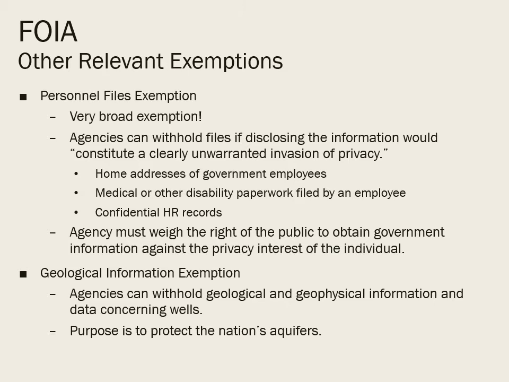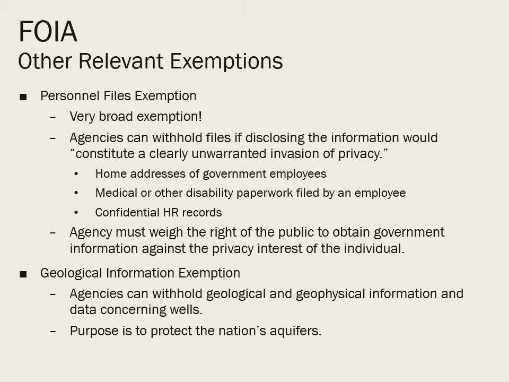So agencies withhold from disclosure any type of files that would reveal personal information about an employee, other than salary, because as the public, we pay the salary for our government employees, so you can generally find out how much somebody makes. But if you were to ask for the home address or personal phone number of a government employee, you're not going to get that because of this particular exemption to FOIA.